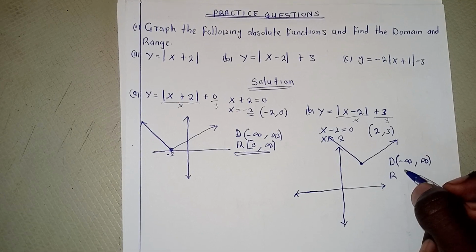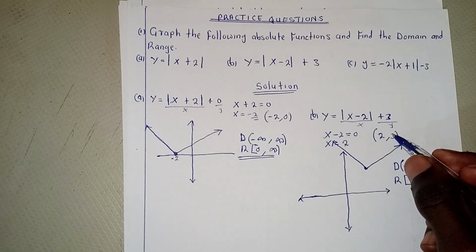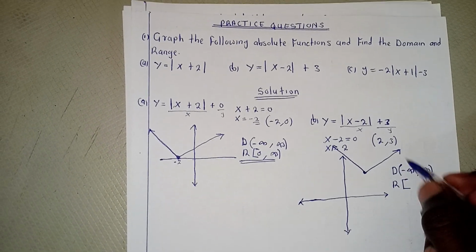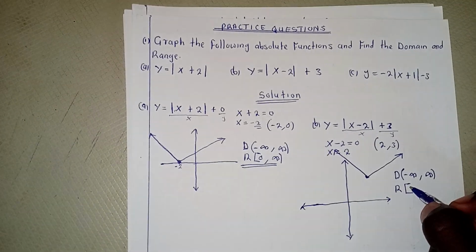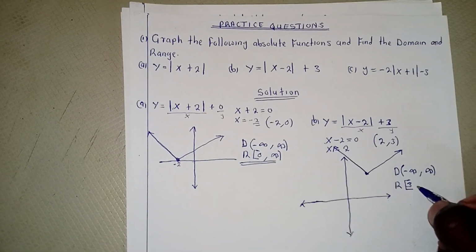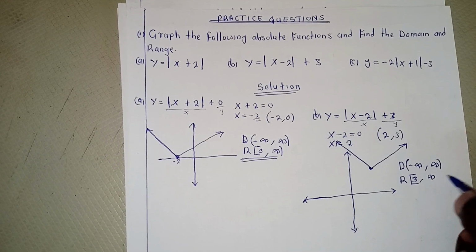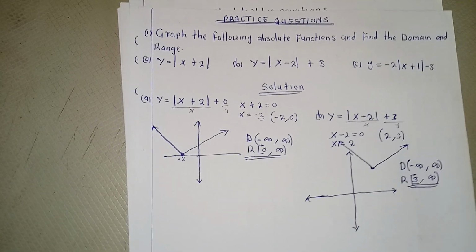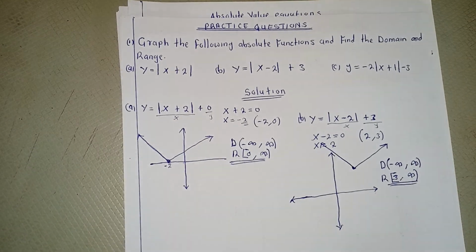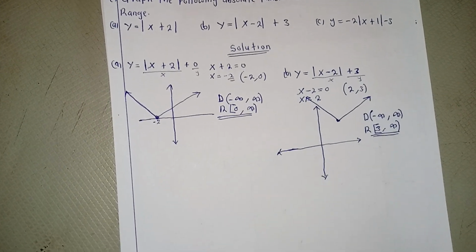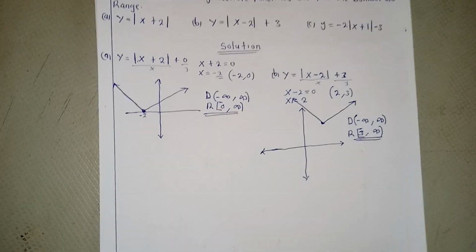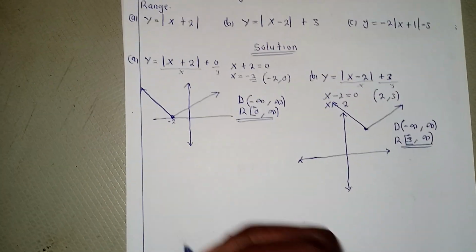As for the range, since we have some y value here and it's going in the positive direction, automatically we know it's coming from the point 3 included to some point positive infinity. This is very simple.